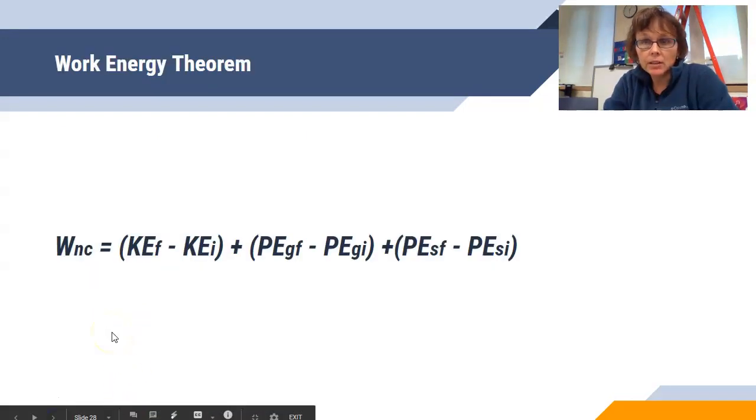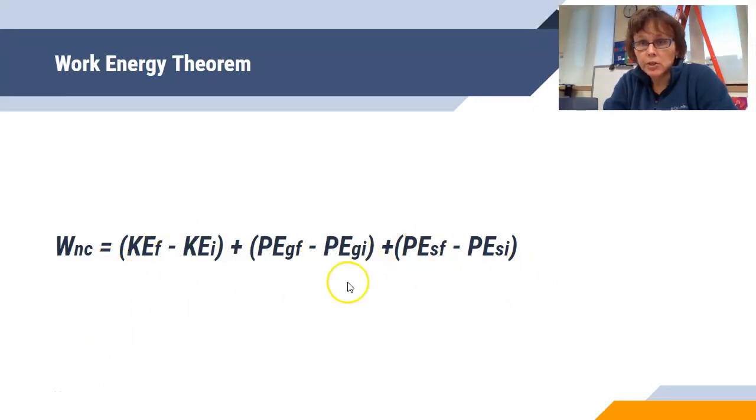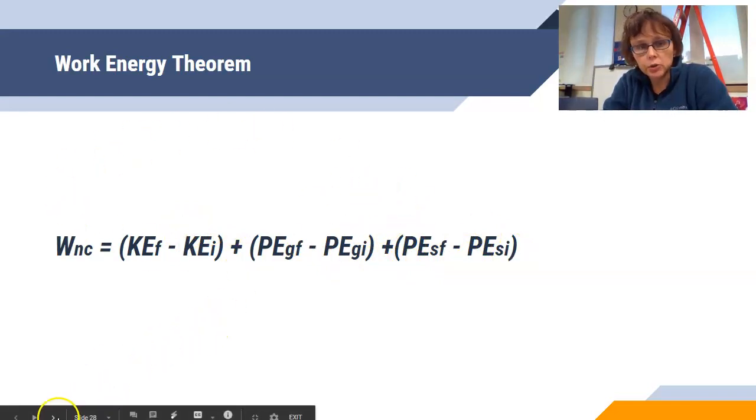As a result, the general equation for the work-energy theorem will look like this: the work done by non-conservative forces on the system equals the change of kinetic energy, the change of gravitational potential energy, and the change of elastic potential energy. Very often we will not have all three kinds. It's just a general equation that we should keep in mind.